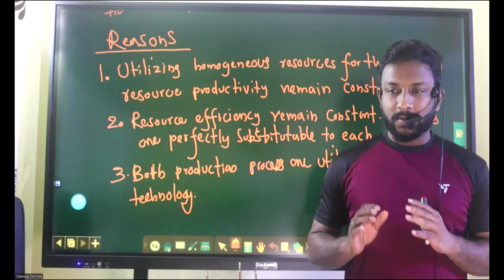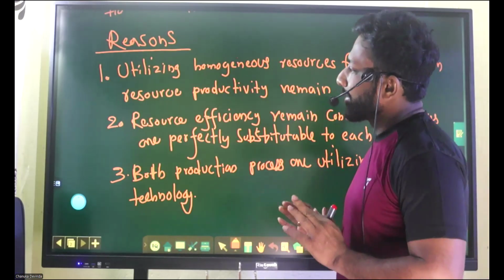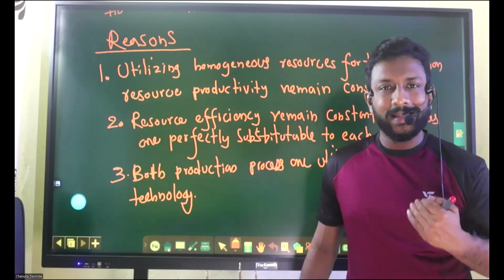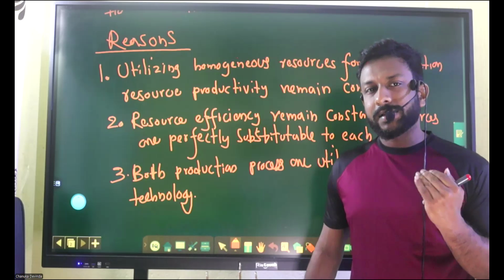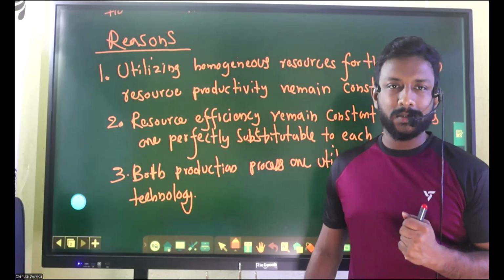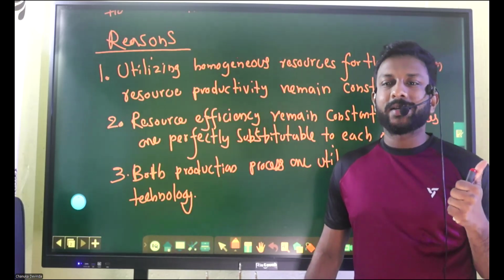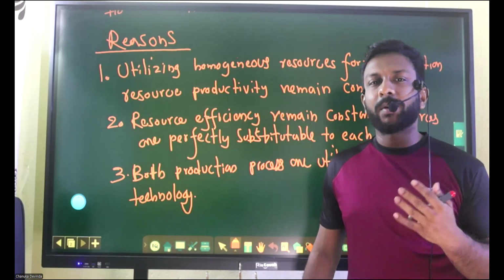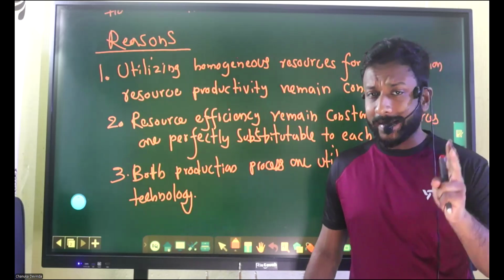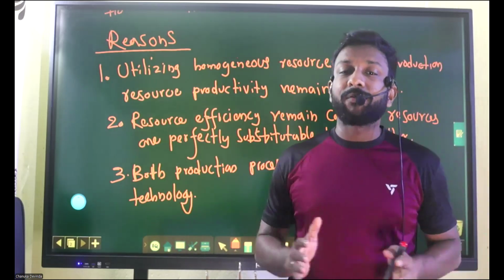Right? So this is the main part. Usually the examiner will check in the exam. So identify three reasons for the constant opportunity cost. First one, utilizing homogeneous resources, which means productivity remains constant. Second one, resource efficiency.